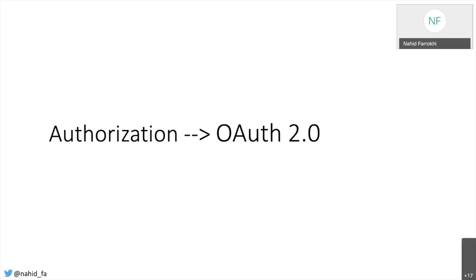OAuth is a token-based protocol. OAuth works over HTTPS, and as I said, it uses tokens rather than credentials. OAuth is being developed by the IETF OAuth working group, where IETF stands for Internet Engineering Task Force.